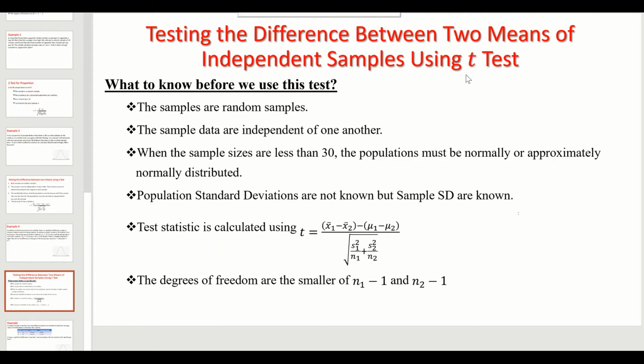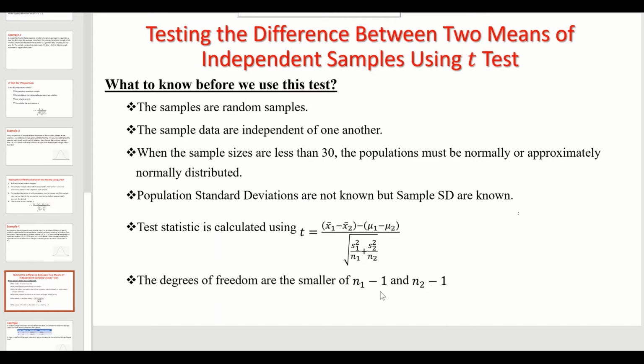Since we are using the t-test, we need to know the degrees of freedom. If we have only one sample, the degree of freedom will be sample size minus 1. But here, what we do is we find the sample size minus 1 for both samples, sample 1 and sample 2, and we look at these two values.